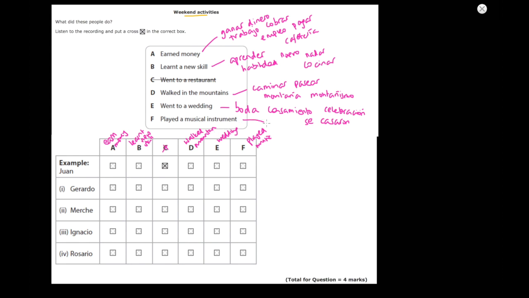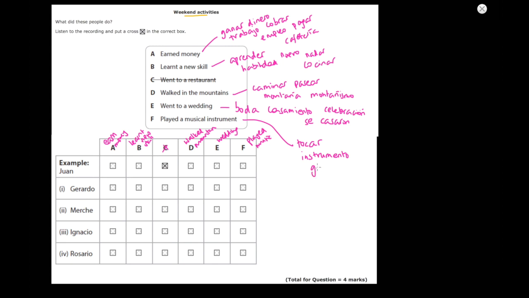And played a musical instrument. I'm going to remember that to play, in the sense of playing an instrument, is tocar, the verb to touch, not the verb to play. We've got instrumento for instrument. But also, let's think of what instruments I could hear.